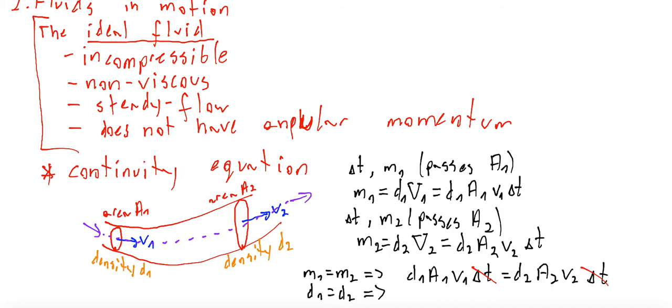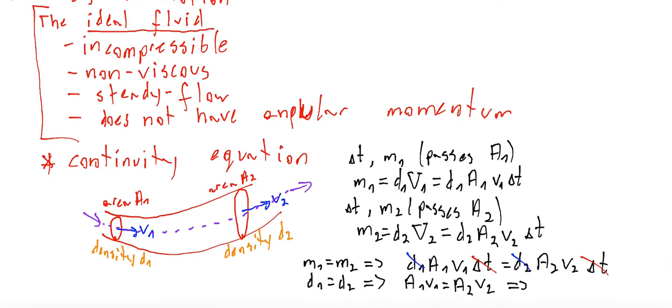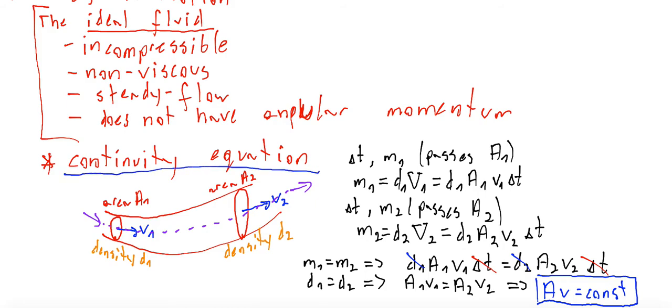So we can cross out d1 with d2, obtaining the equation area 1 times v1 is equal to area 2 times v2, or in other words, A times V is equal to constant. And this statement that the product of the area through which fluid flows and the velocity of this fluid is constant is known as the continuity equation.